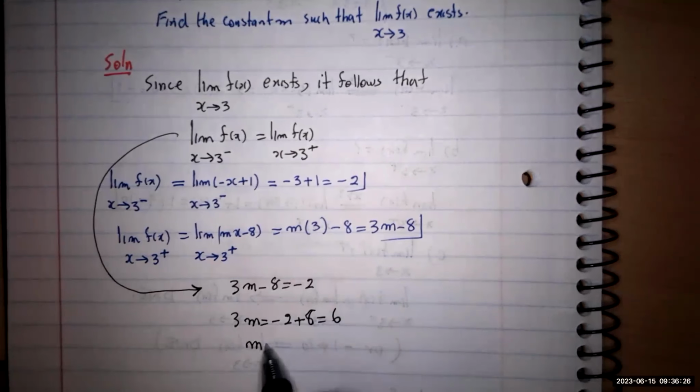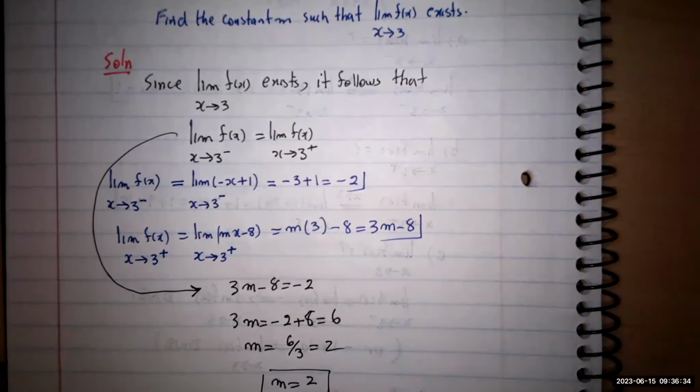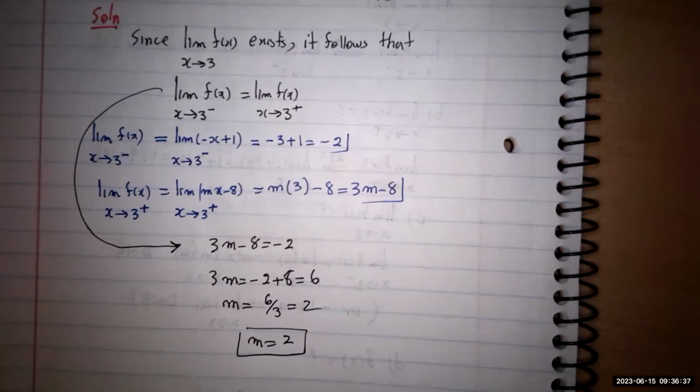So m would be 6/3, which is equal to 2. So m must be 2 in order to guarantee that the right and the left limits happen to be the same. Any question?